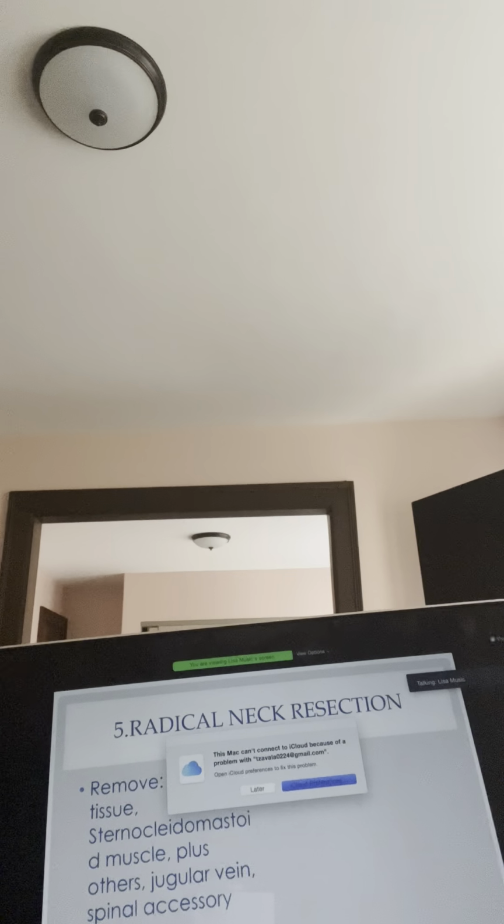This can be done for any head or neck cancer where it involves multiple lymph nodes. So I don't want you to think that you have a radical neck just with laryngeal cancer. It could be done with other head or neck surgeries. But oftentimes, if there's multiple lymph nodes involved, they'll end up doing a radical neck along with their total laryngectomy.